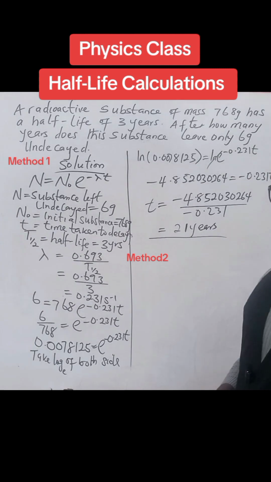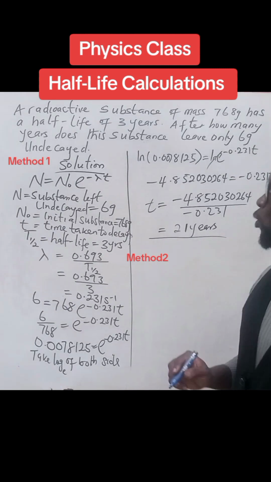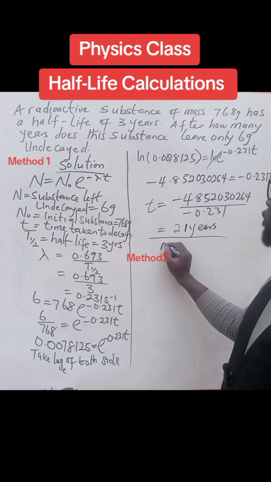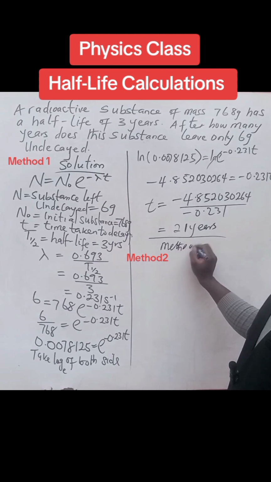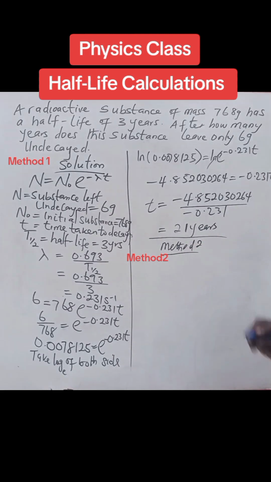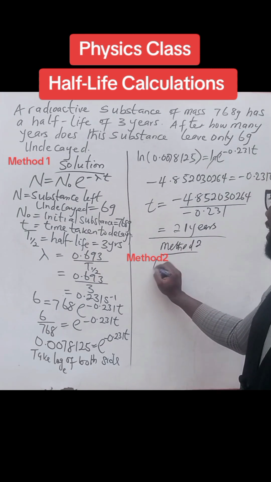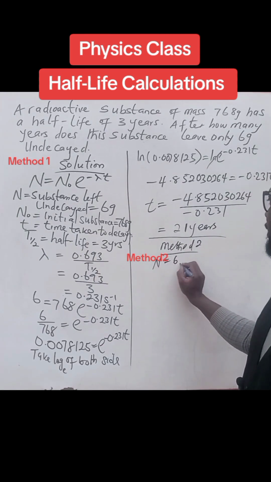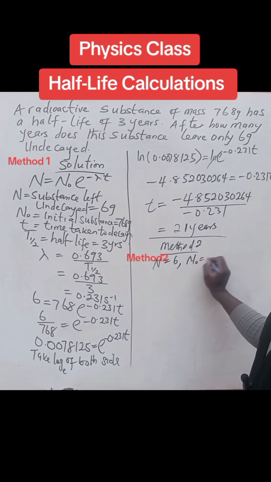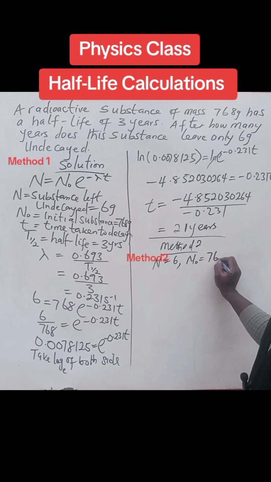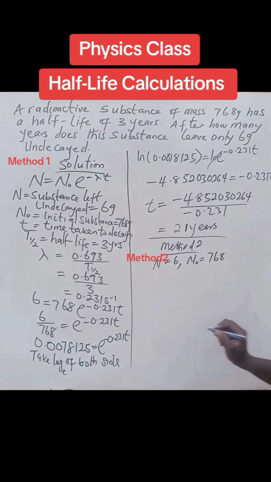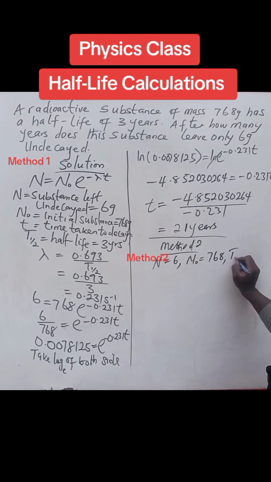All right everyone, now let's go for the second method, Method 2. This is a very easy one. We're told that N is 6 and N naught is 768, and the half-life is 3 years.